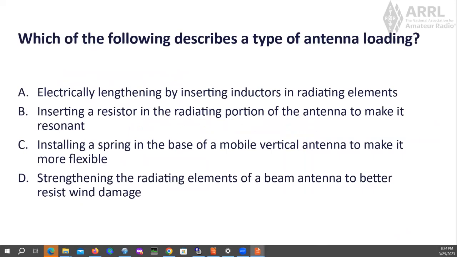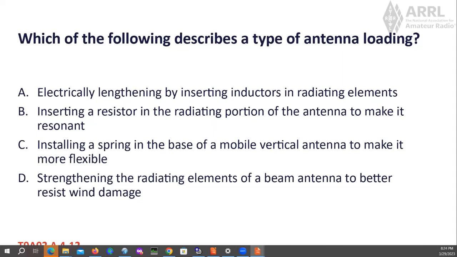Which of the following describes a type of antenna loading? Electrically lengthened by inserting inductors in radiating elements.